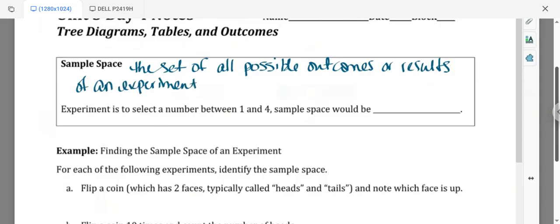So possible outcomes of that particular event that we're talking about.